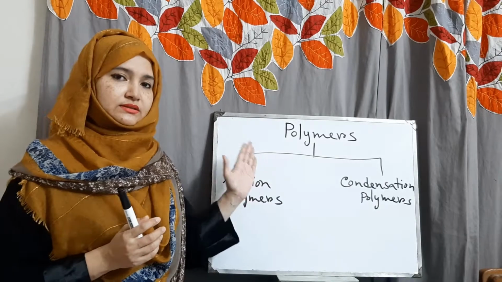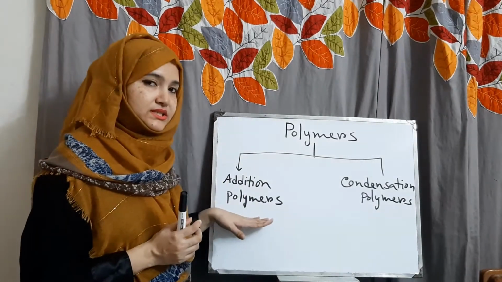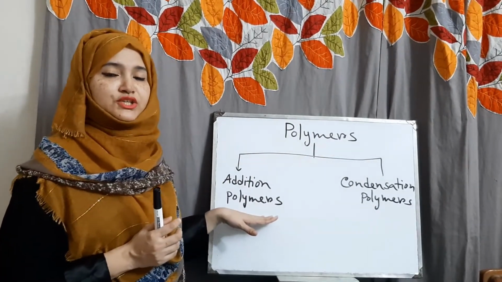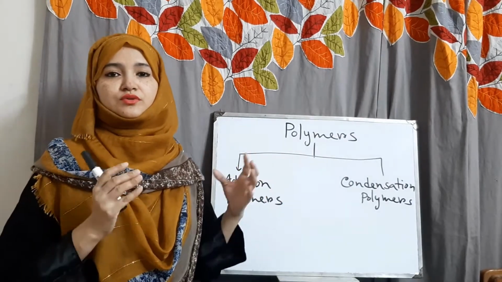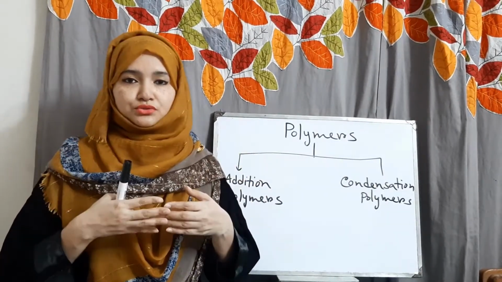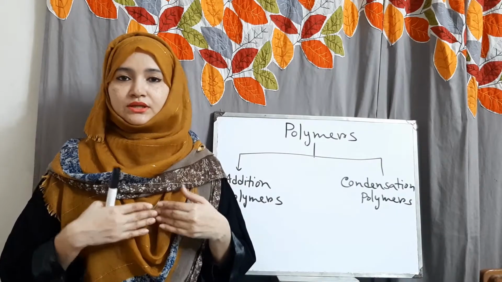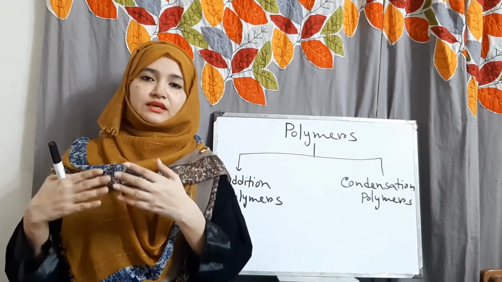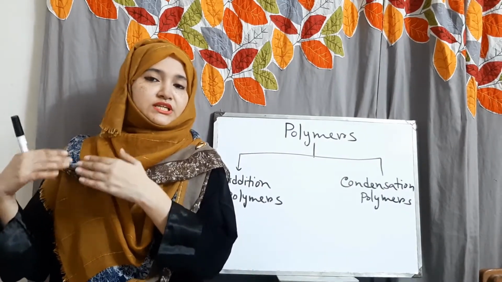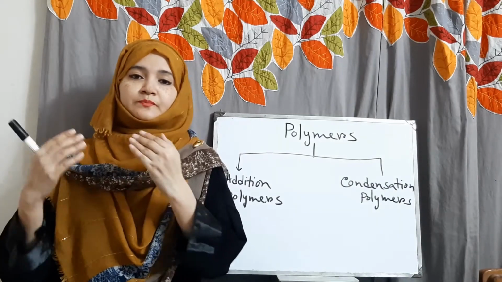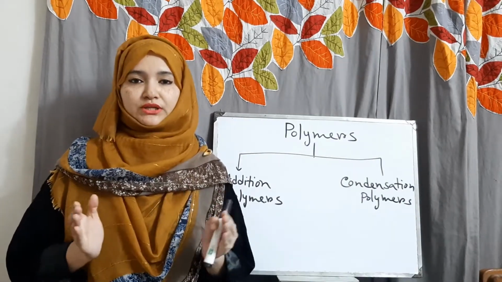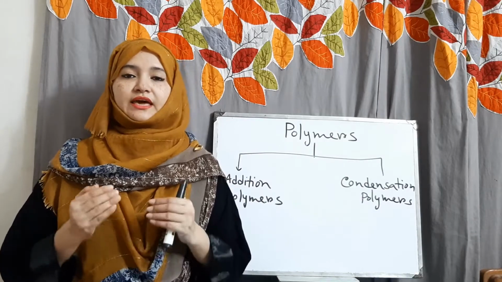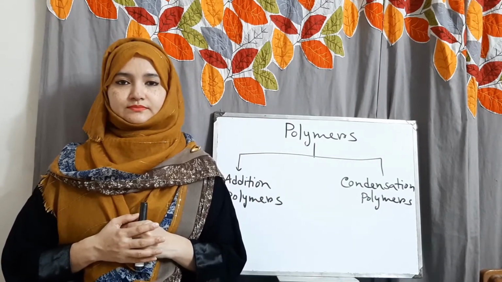The polymerization reaction in which monomer molecules are joined together or connected together without losing any part of it, any atom of it, and form a large molecule is called addition polymerization.